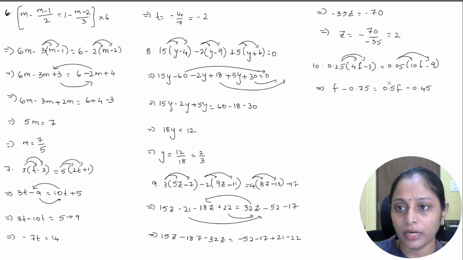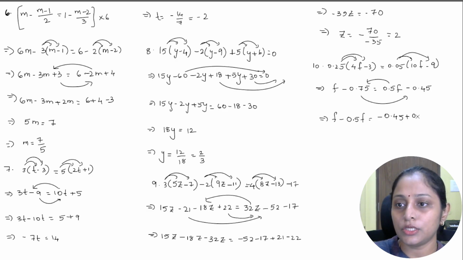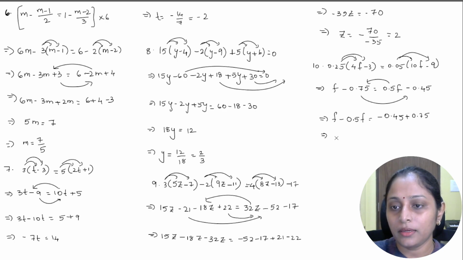Okay, now use the transposition, bring all the variables to LHS. f minus 0.5f is equal to minus 0.45 plus 0.75. So this will give me 0.5f, because 1 minus 0.5 is 0.5, is equal to, this is 75 minus 45 is 30, and with 2 decimal places this is 0.3.